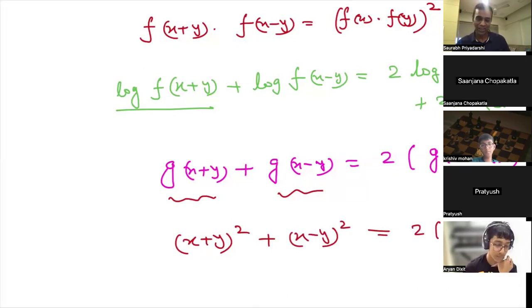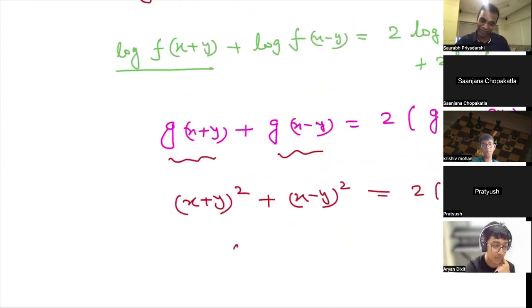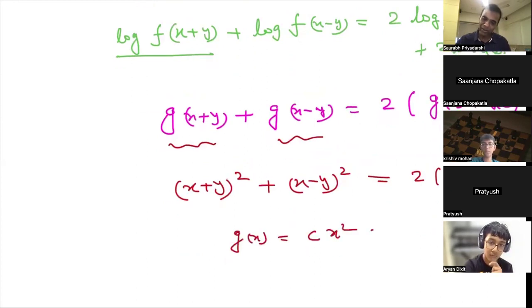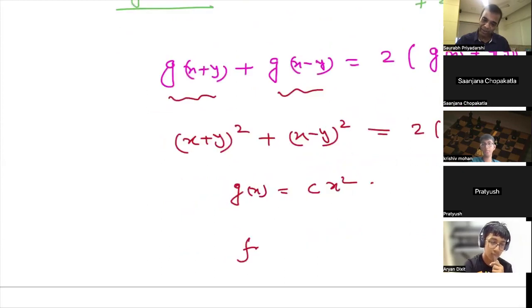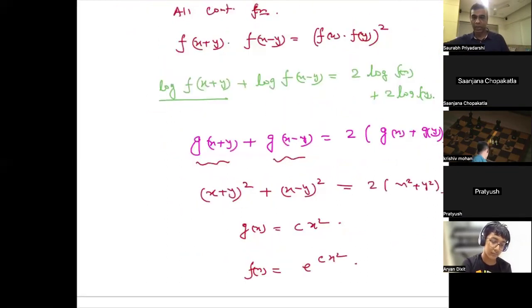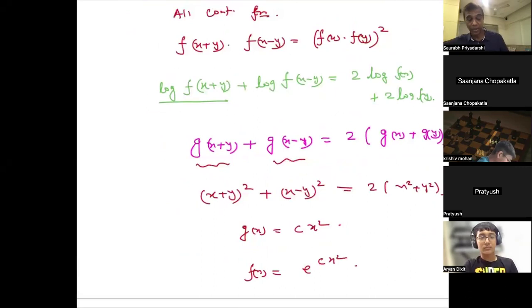Right. So gx is nothing but c x square, or fx is the function nothing but x to the power c square.